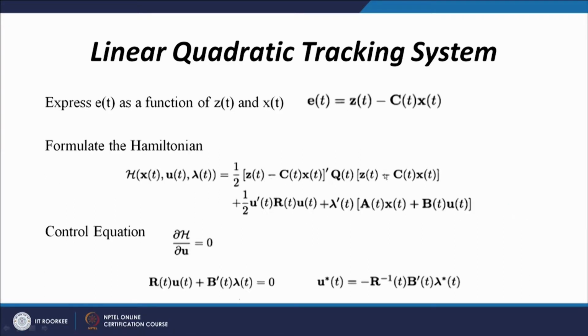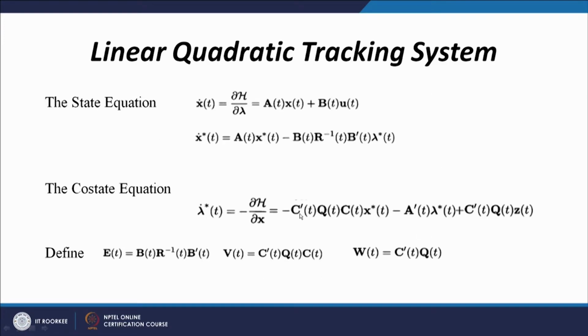So, C prime q z I will get if I expand this. My one term will be in the x prime x, which is giving me the C prime q c with negative sign.